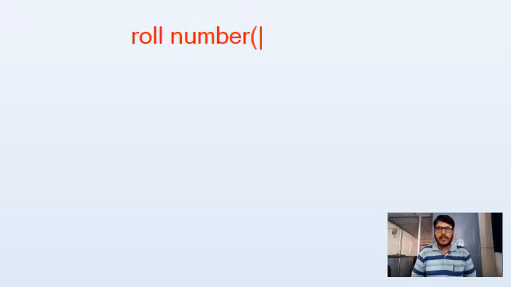So now I need to mention 2 as the size. It will reserve 2 digits in memory so that I can store a maximum 2 digit value. That means beginning with 1, 2, up to 99 as a value in roll number.